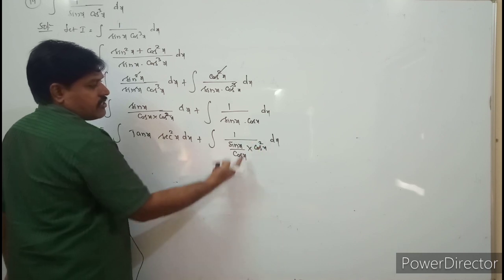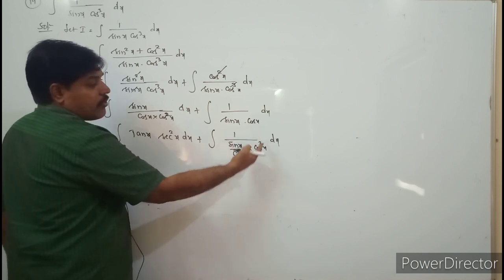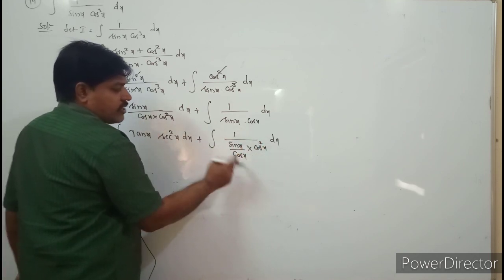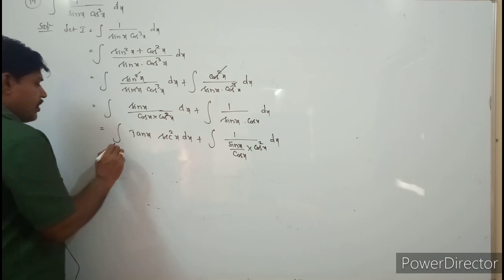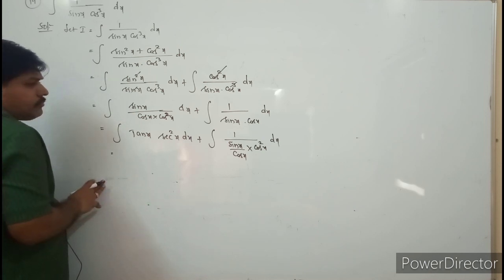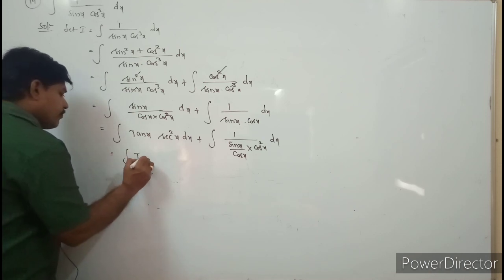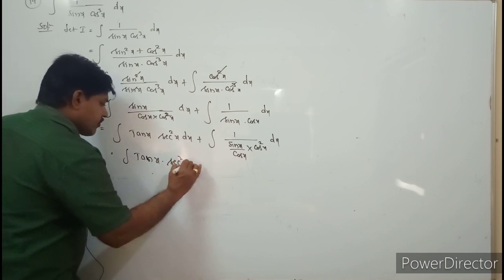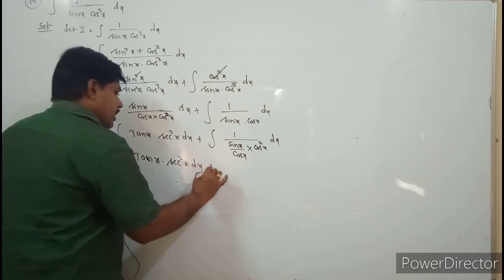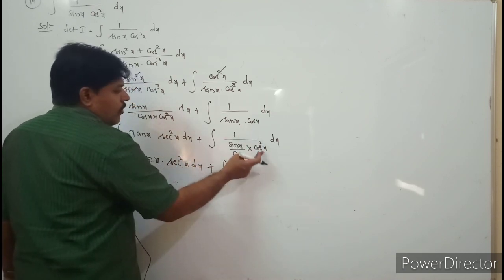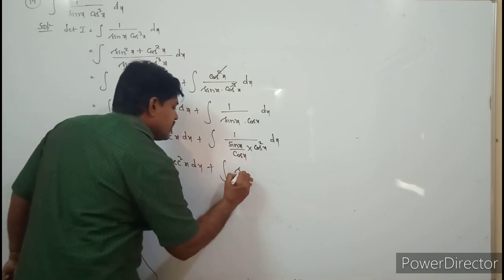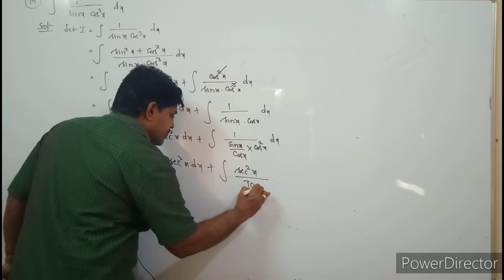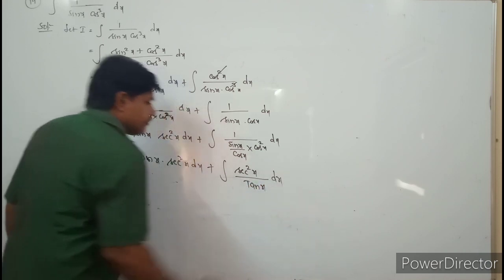Cos square x by cos x is cos x, yes or no? So this cos x I am writing as cos square x by cos x, for our convenience. So that is equal to integral of tan x into secant square x into dx plus integral of 1 by cos square, secant square x by sin x by cos x, is tan x into dx.